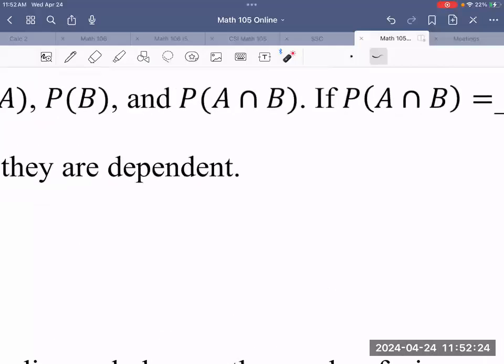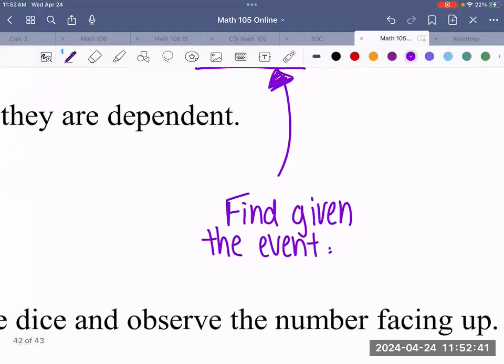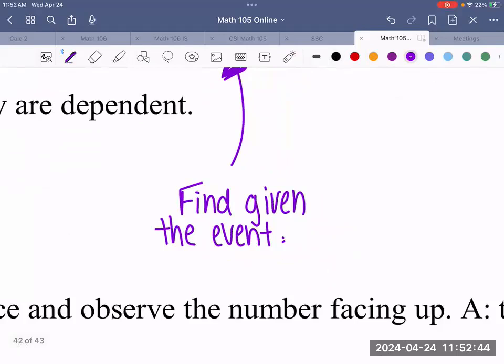Now, I want to be very specific. This "and" right here is found given the event. Yeah, we have to find it given the event.